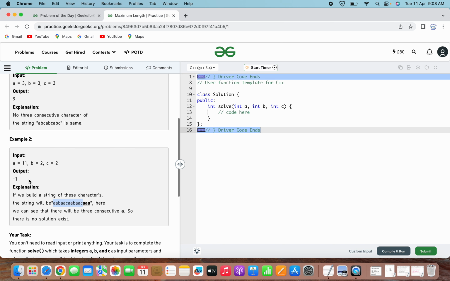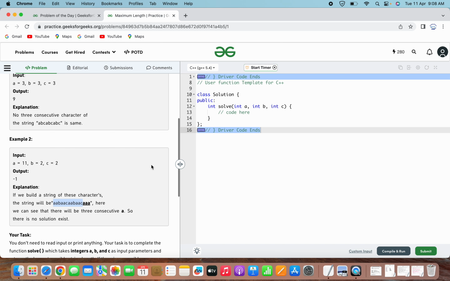If the maximum count of any character is greater than 2 times the remaining characters plus 2, then we cannot insert enough occurrences of the third character to avoid three consecutive characters being the same. This simply means that after any two consecutive characters that occur in the string, we can insert one of the other characters after them to avoid three consecutive characters being the same.